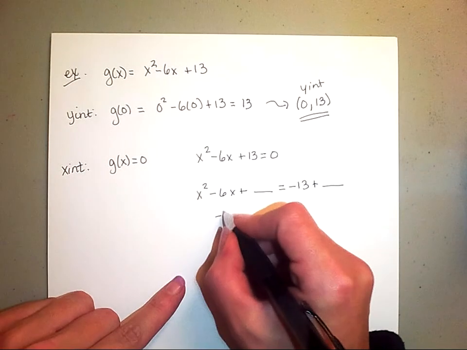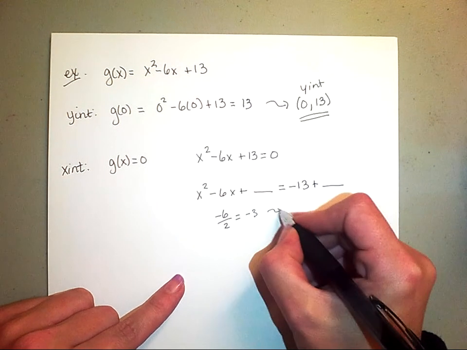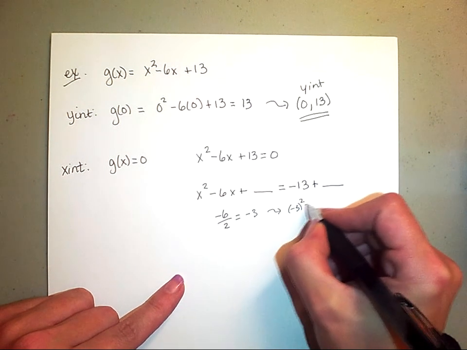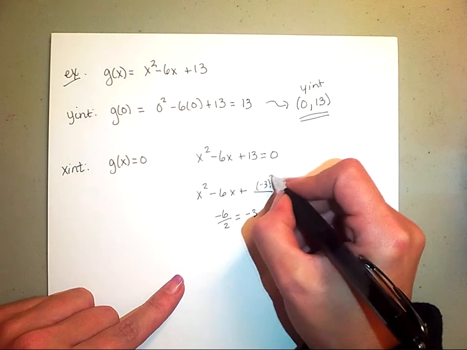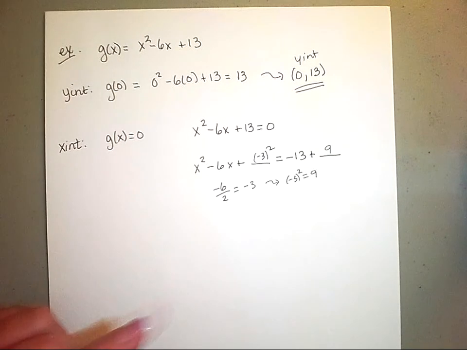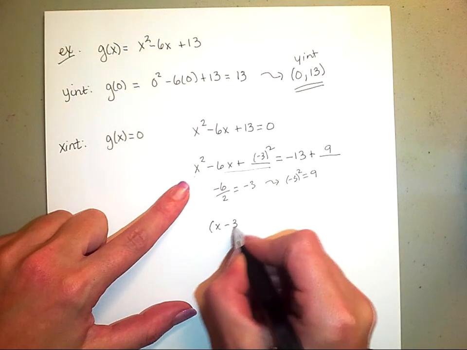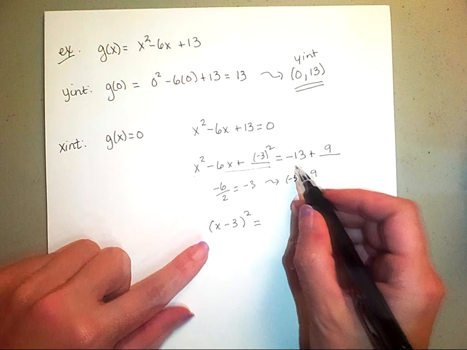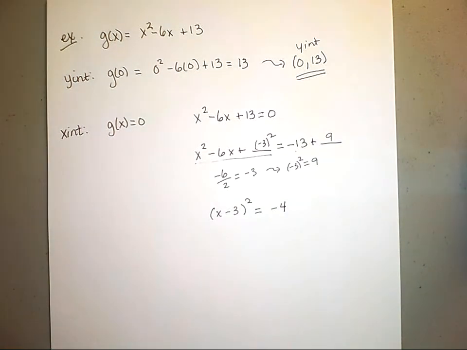Negative 6 divided by 2 is negative 3. We take negative 3 and square it to get 9. Now this side's going to collapse into x minus 3 squared is equal to negative 4.